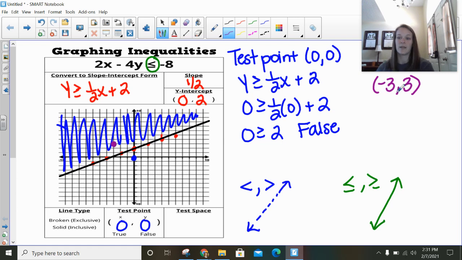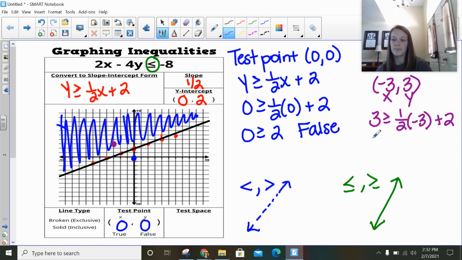So pick that point, plug it in just like I did for 0, 0. Remember this is x, this is y. So I'm going to put that 3 first, and then 1/2 times -3 plus 2.